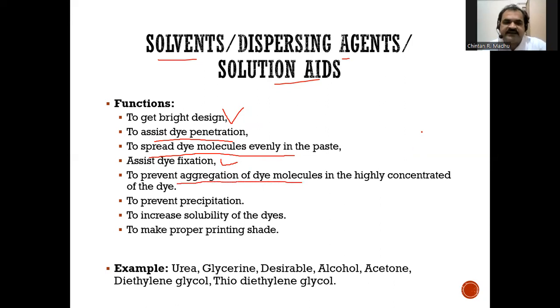As your particle size is very small, the particles will come near to each other and form a cluster, which is known as agglomeration of disperse dye, and this can be prevented by adding a dispersing agent. To prevent precipitation, of course, because when it agglomerates, it forms hard particles that come out of your solution.